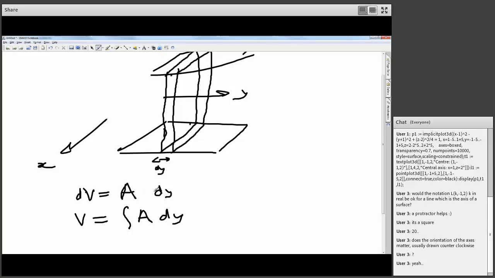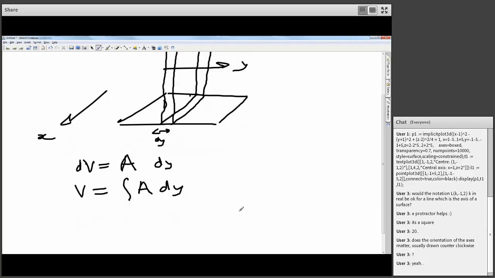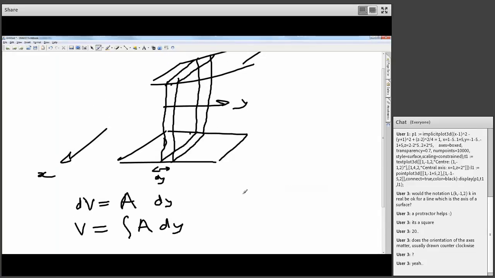Now, what's this actual area? Well, if I flip it around, the area would correspond to the area under the curve for this fixed y value.